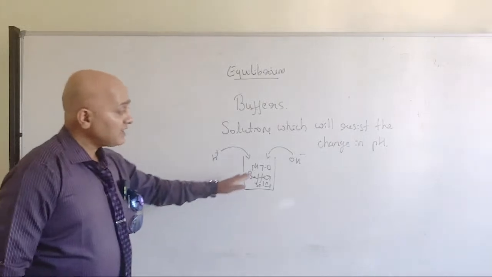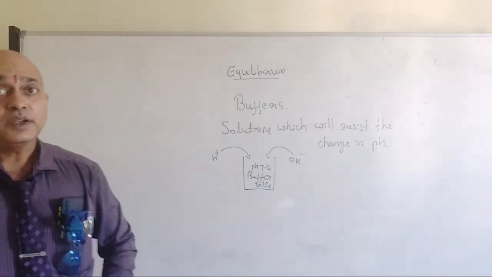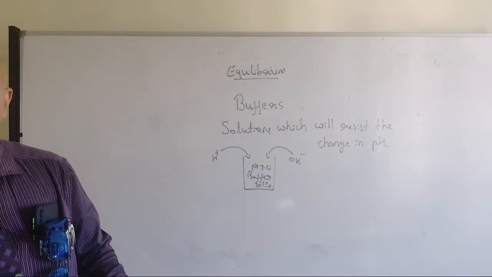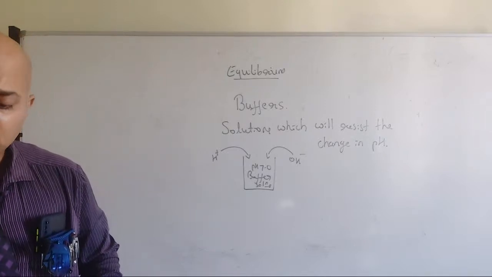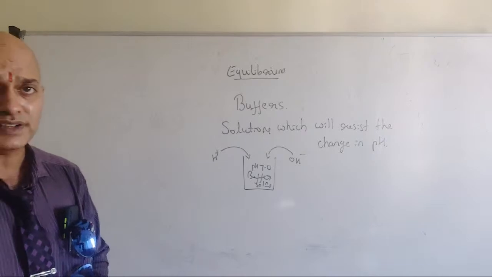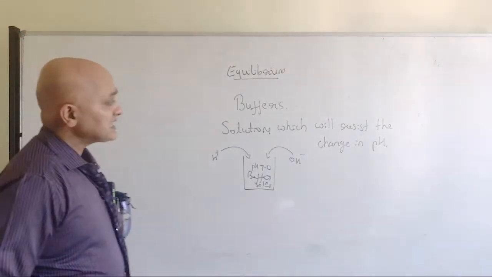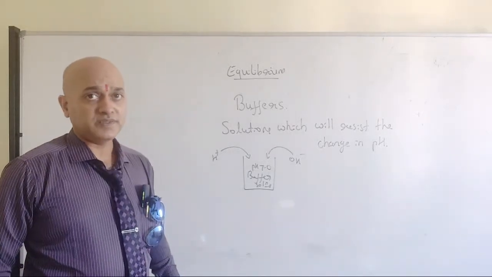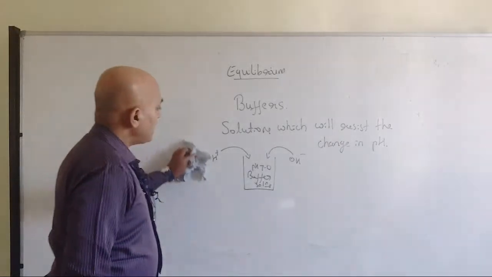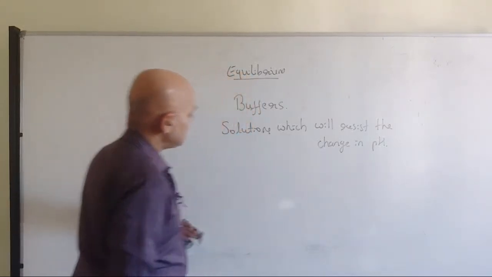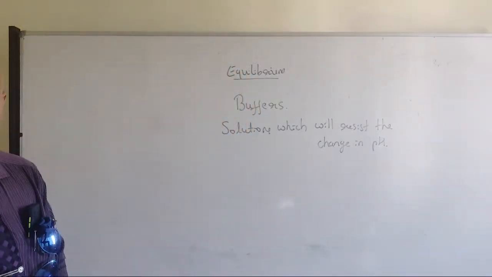pH 7 I have taken as the example. Buffers can be slightly acidic pH, neutral pH, or alkaline pH. We have different varieties of buffers. So depending on the requirement, we will utilize the respective buffers. Fine. So how come these buffers resist the change in pH?